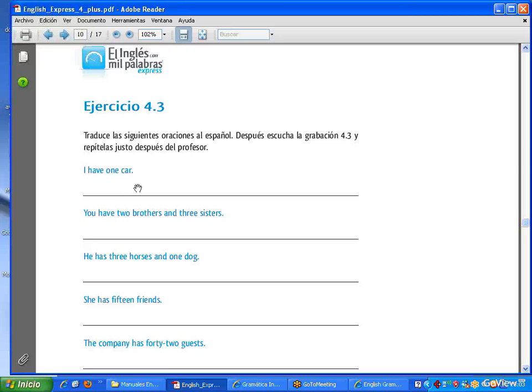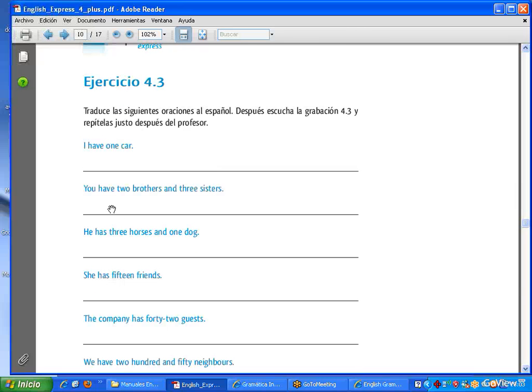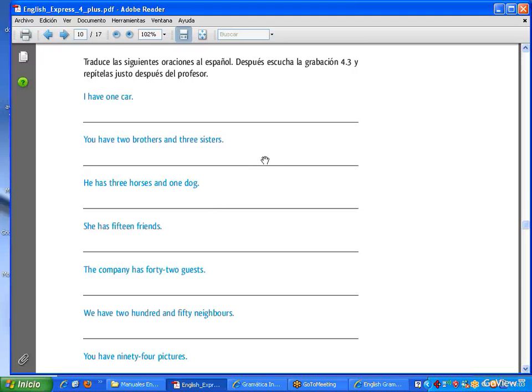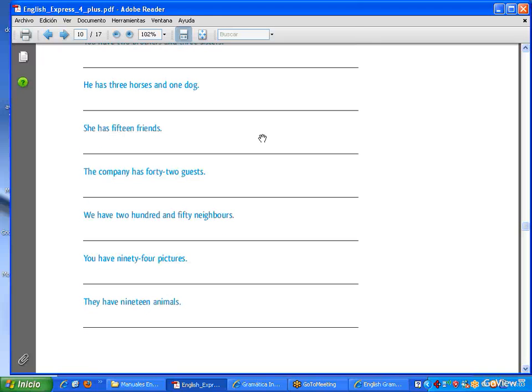Tú tienes 2 hermanos y 3 hermanas. Now you can try. What would this be? She has 15 friends. Ella tiene 15 amigos.